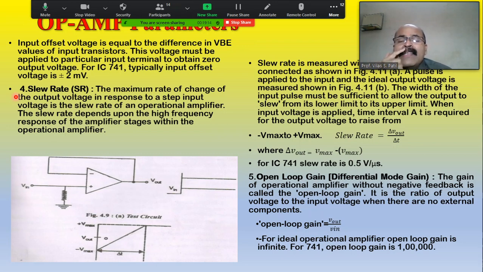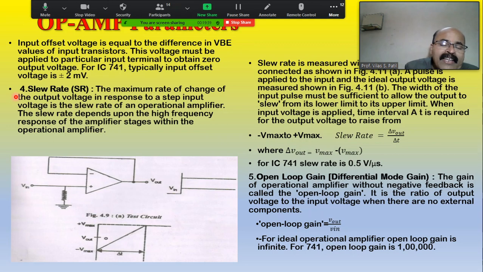Here a pulse is applied to the input, and the ideal output voltage is measured, as shown in diagram B. Friends, this is the non-inverting input, and for the non-inverting input a voltage source is used, known as V in, and that V in is shown here.